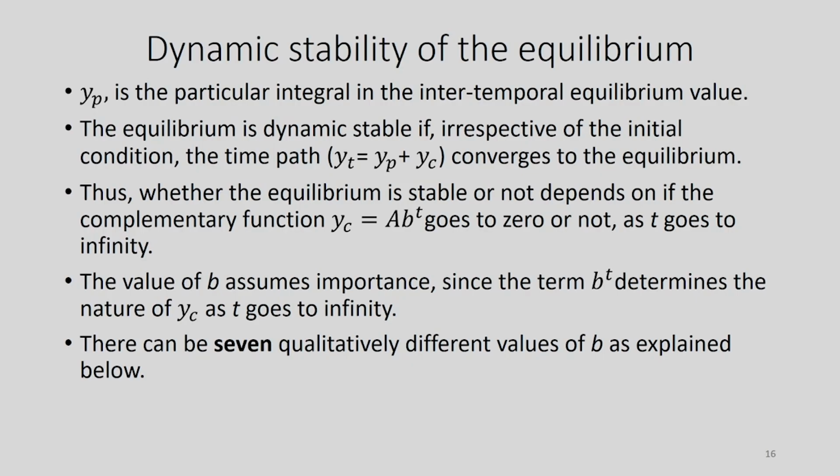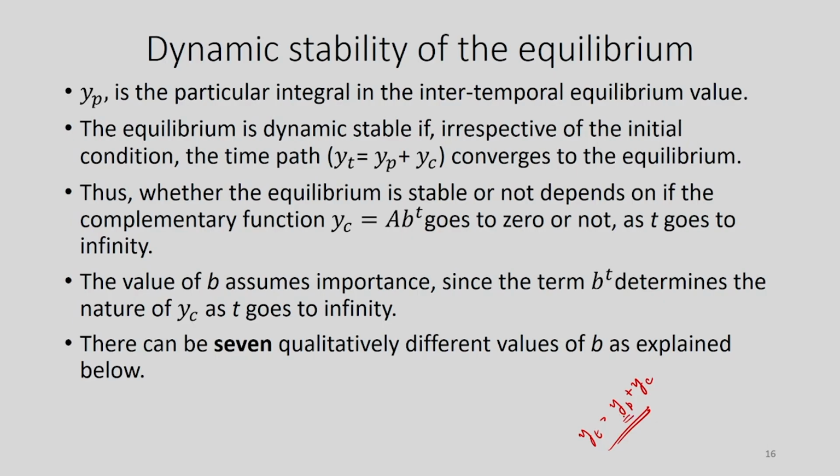Okay. What about dynamic stability of the equilibrium? Now, when we say dynamic stability of equilibrium, let us try to define what we mean by dynamic stability. Now, in this time path, that is yt is equal to yp plus yc, right. This is what we have seen before. Yp is the particular integral, it is the intertemporal equilibrium value. So, irrespective of the time, this gives me the equilibrium value.